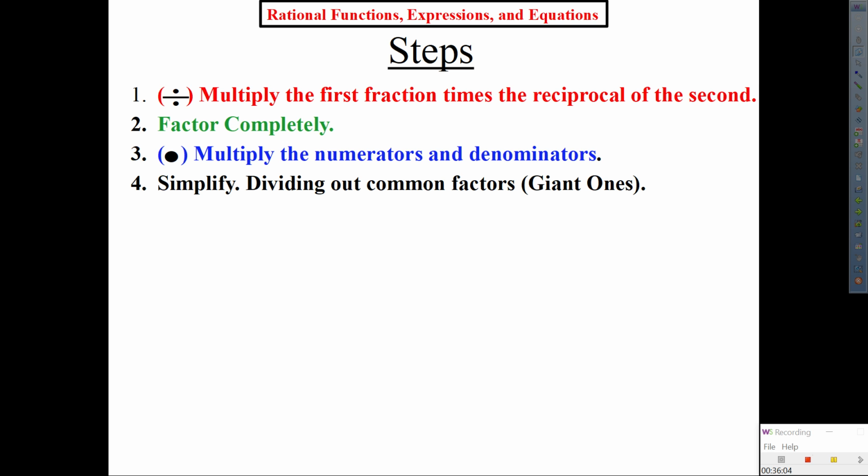Multiplication. Division. So the only thing that changes from multiplication to division is in red. Did I make it pretty obvious in red? Yes? Yeah. So with that said, copy this example down, please.